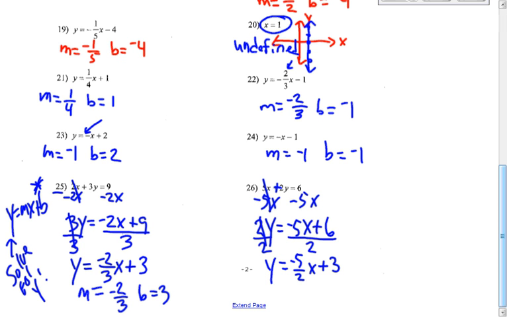Now they might write this as y equals negative 2.5 x plus 3, since negative 5 over 2 is negative 2.5. They might write it that way. And m equals negative 2.5 or negative 5 over 2, and b equals 3.